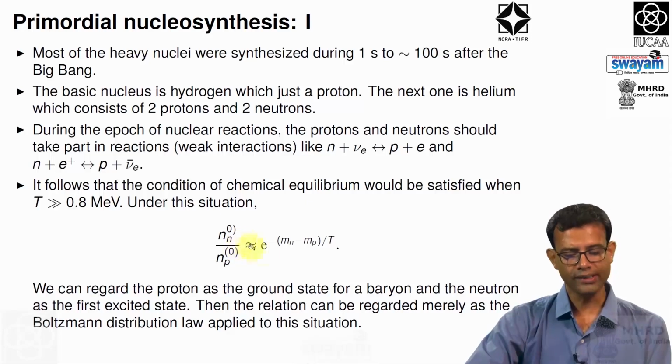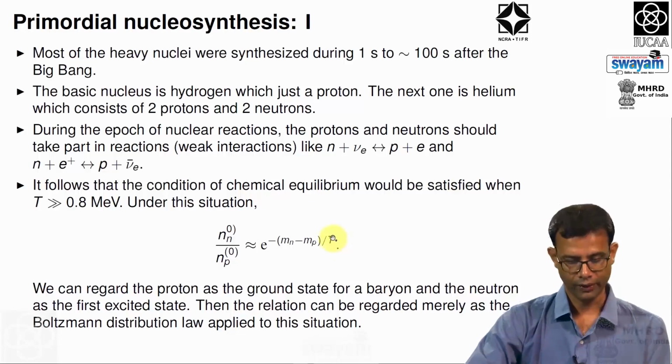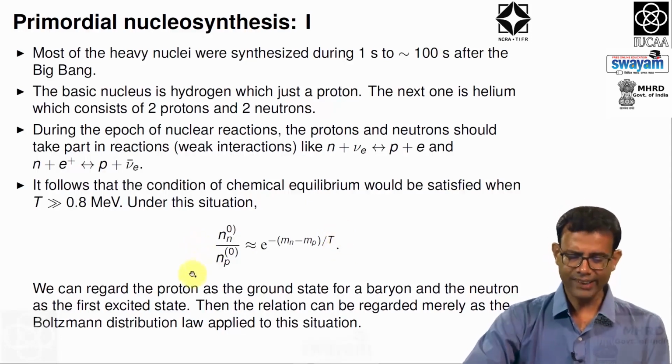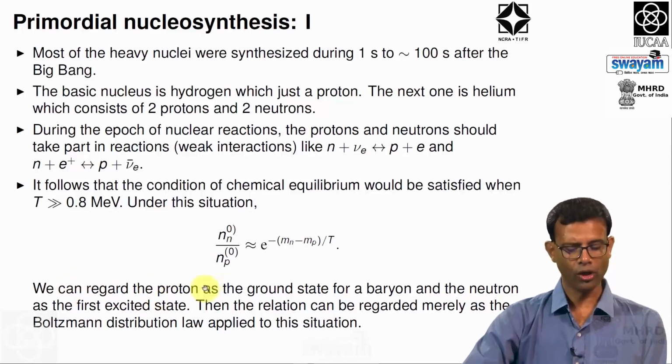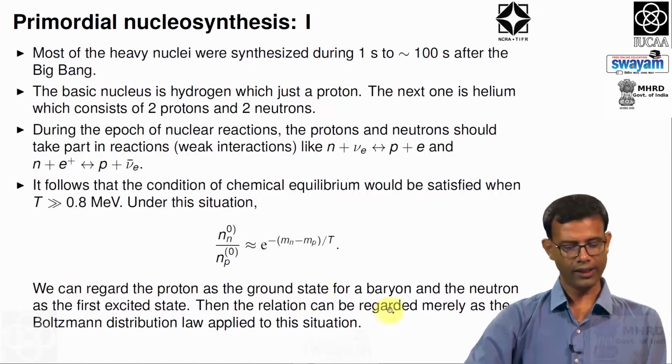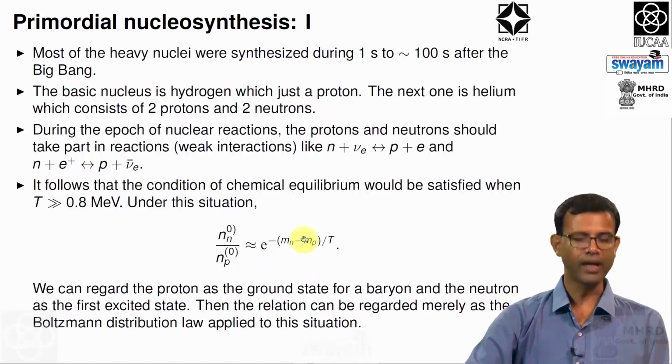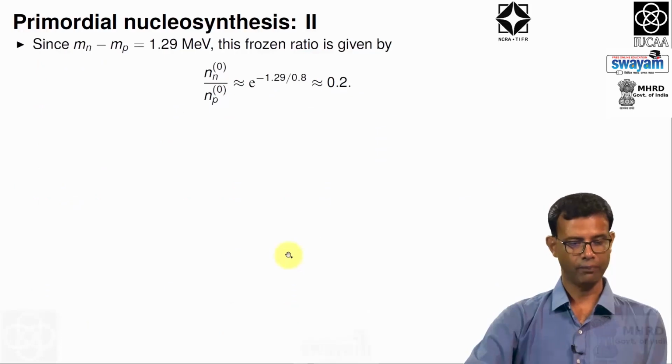What you can show is this is approximately given by exponential of minus the difference between the neutron and proton mass divided by the temperature. Okay. It is easy to understand this, because you can regard the proton as the ground state for a baryon and the neutron as the first excited state. Then this relation is just the Boltzmann distribution law, e to the minus energy difference by kT. Okay. So, that is what is showing up.